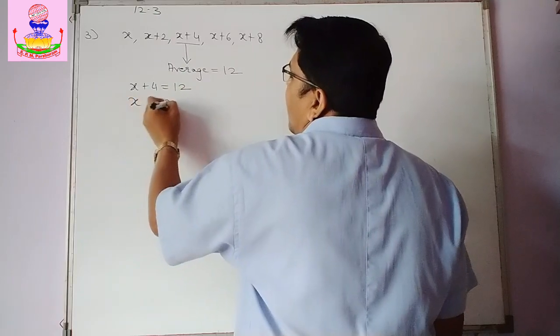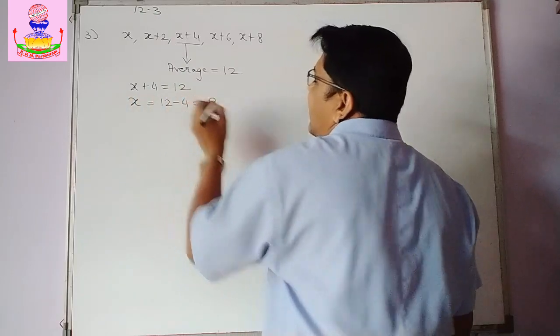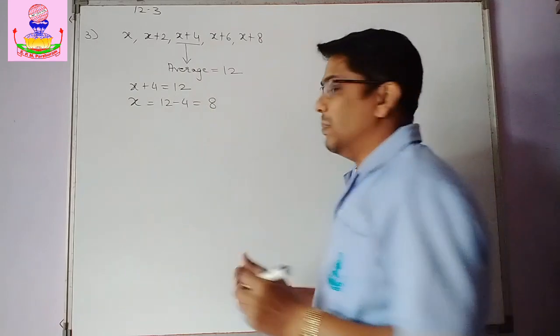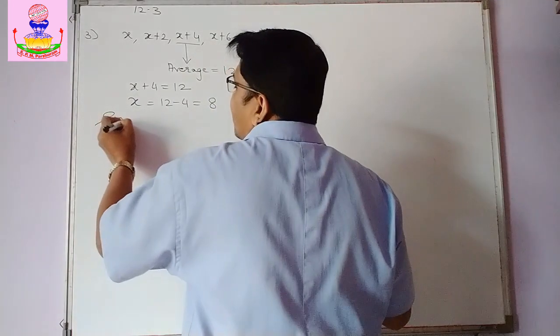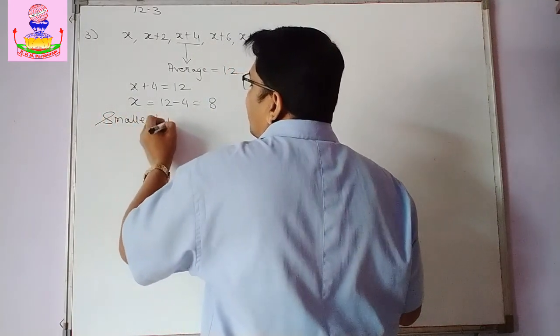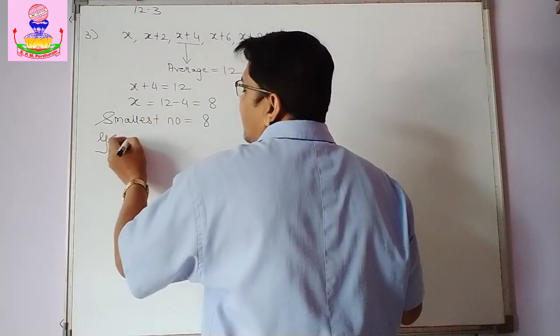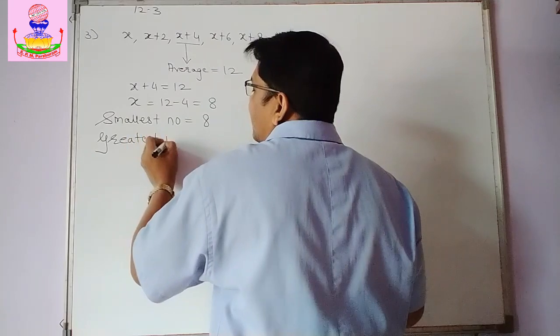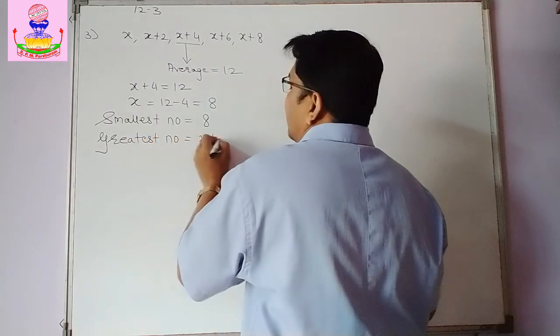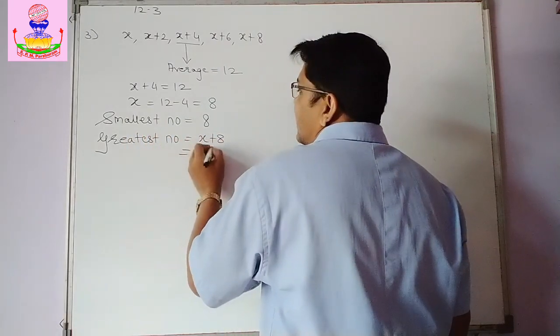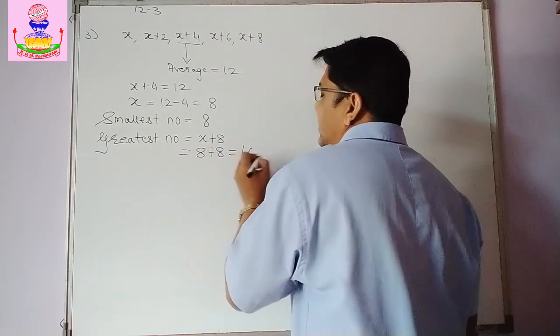So x is equal to 12 minus 4, that is 8. Now this is the smallest number. So the smallest number is 8. The greatest number is x plus 8, that is 8 plus 8, 16.